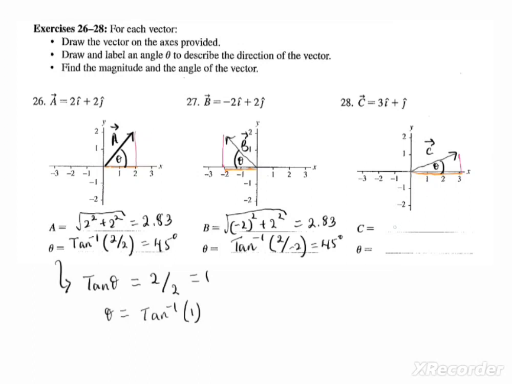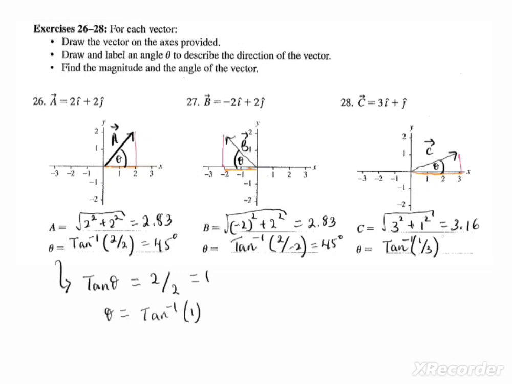So c is, we have 3 squared plus 1 squared, take the square root, and that is the square root of 10, which is about 3.16. So for the angle, we do tan inverse, we do opposite, which is 1 here, divide by 3.